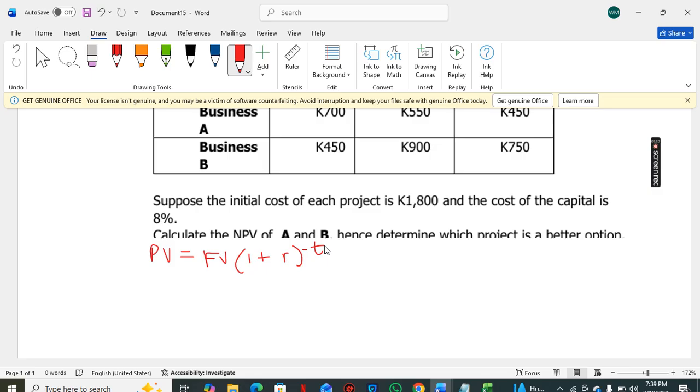This formula converts money in the future into today's value.